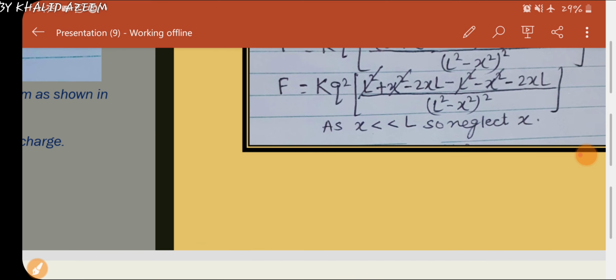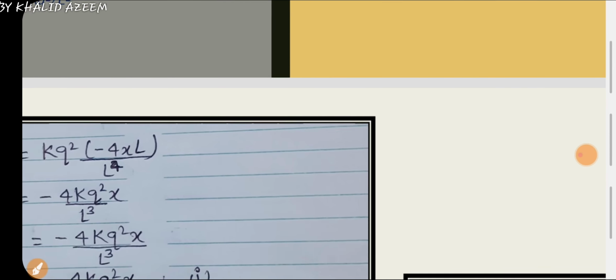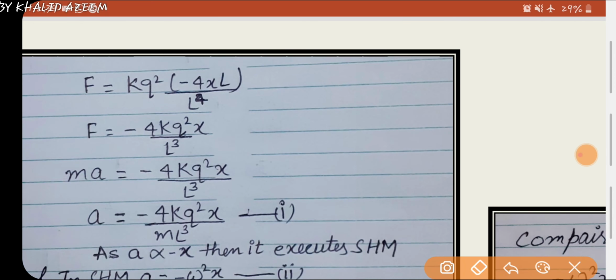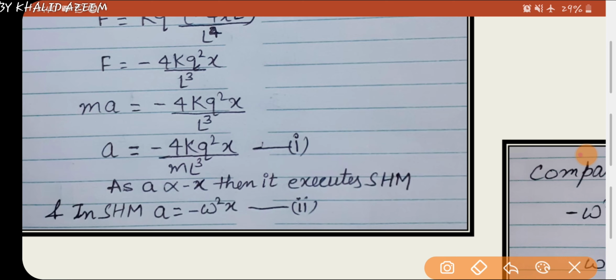Here, as you can see, L square has a square, and when we remove this x square, the power of L becomes 4. So F will be minus 4k q square x upon L cube, and as we know the formula of force is ma, so we can calculate the value of a. This will be minus 4k q square x upon m L cube.